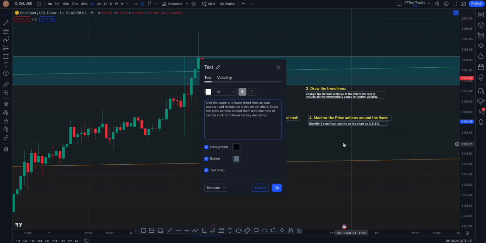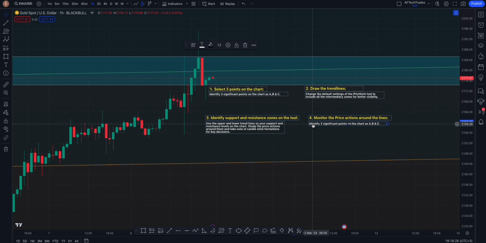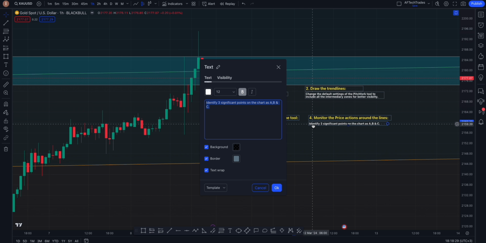And the last one here, as I said, you need to monitor. I think I also mentioned this in the third rule, but here what is important is to combine the price action from here with other confluences to ensure a perfect entry.